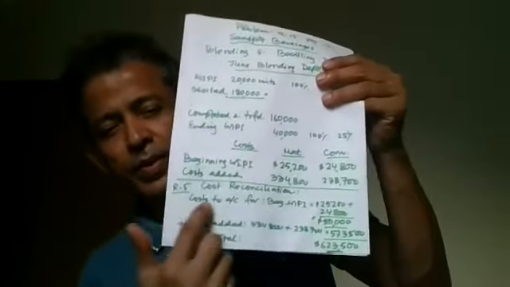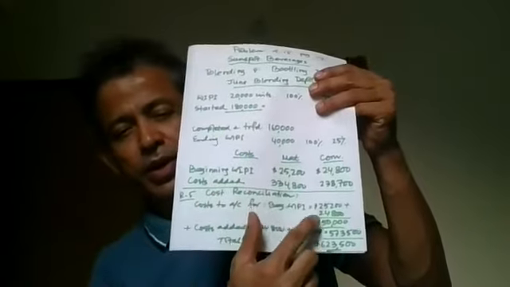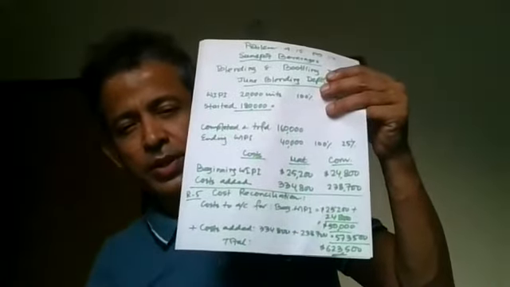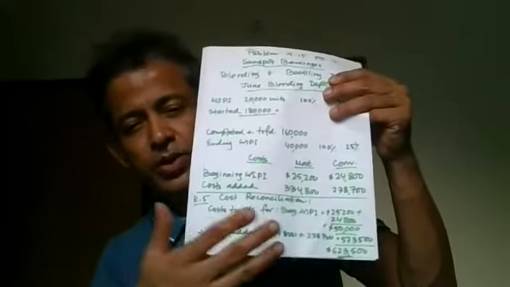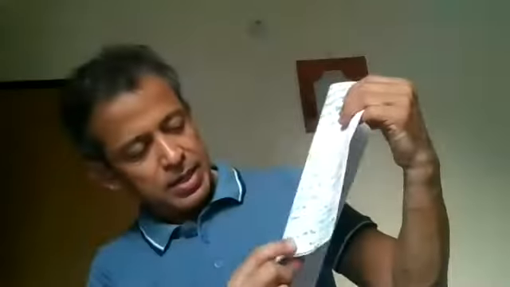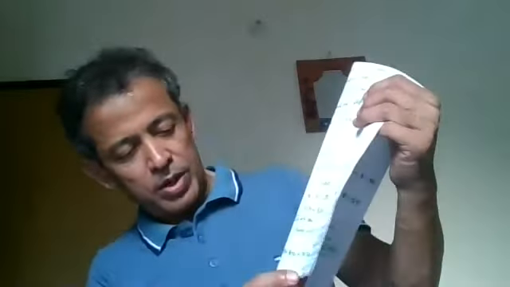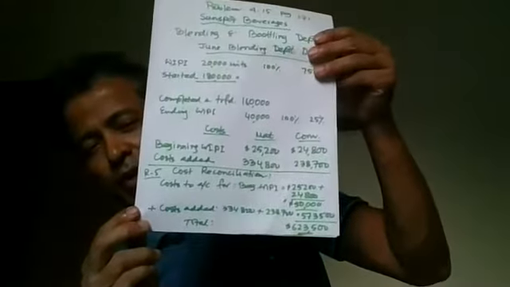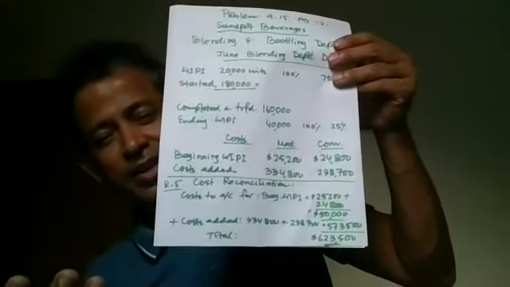By the way, the cost of the beginning inventory was already given in the question: materials cost and conversion cost, 24.8 and 25.2. So total cost of beginning inventory was 50,000. The total resources added was 573.5. So the total cost that we need to account for is 623.5.